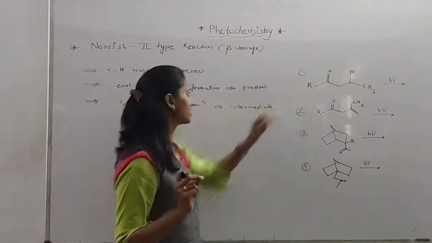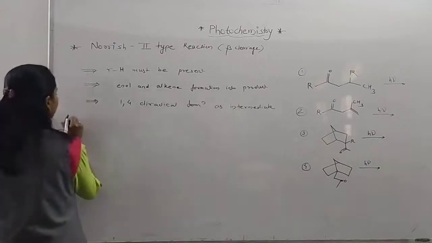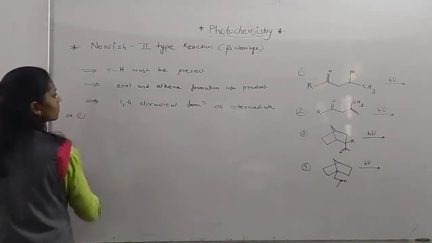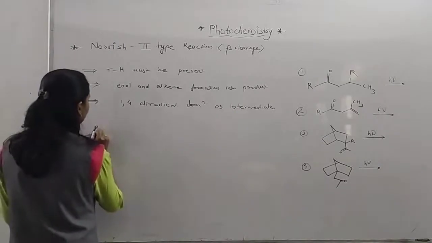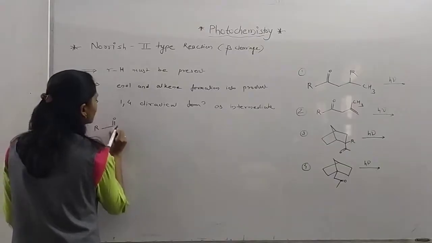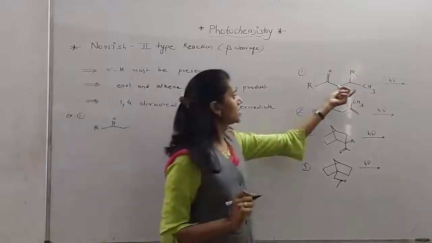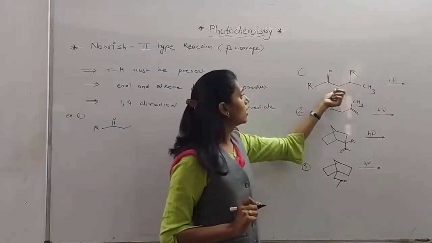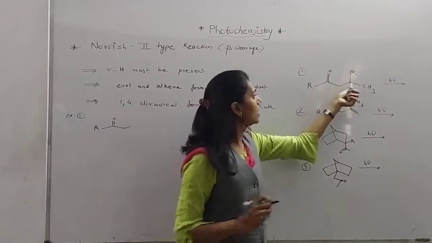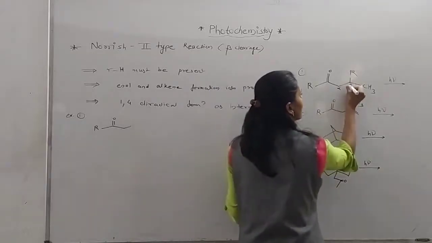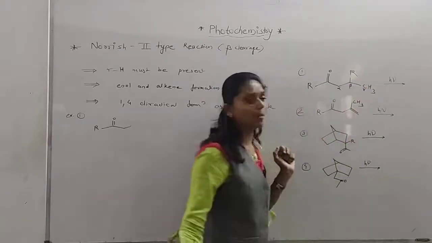Okay, firstly we take the first example here. This is the type of example: this is alpha, this carbon is beta, and this carbon is gamma.